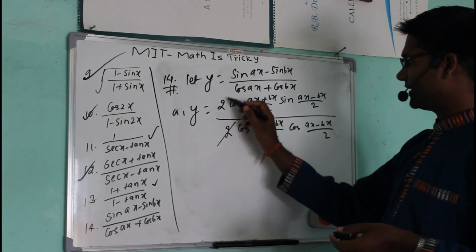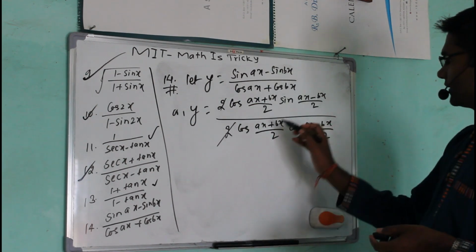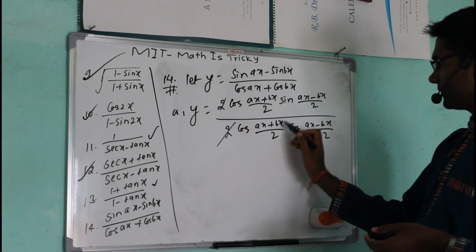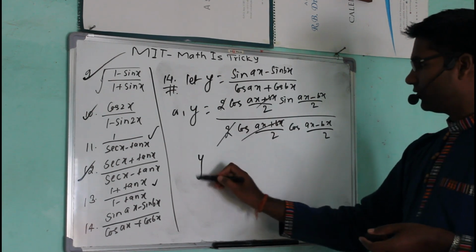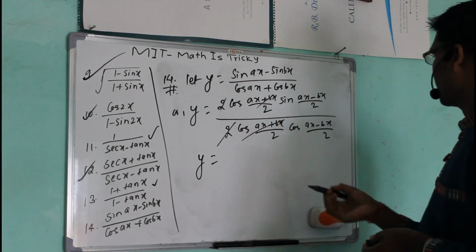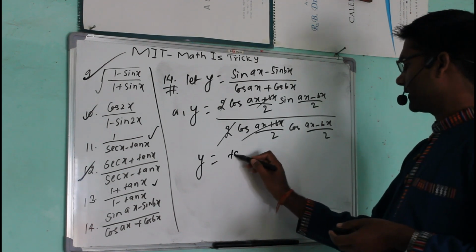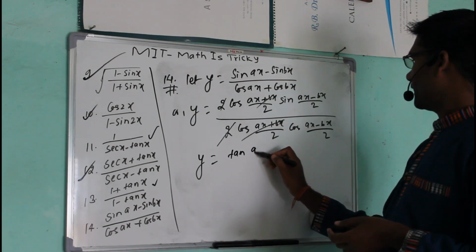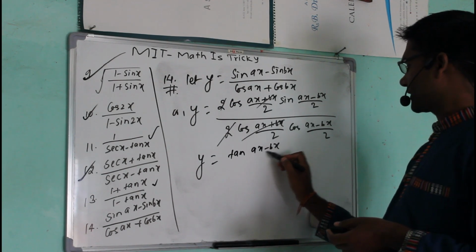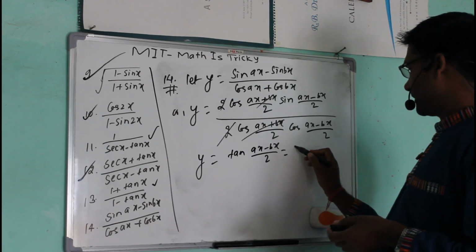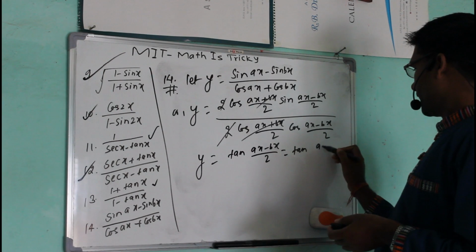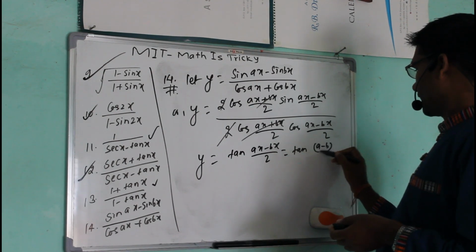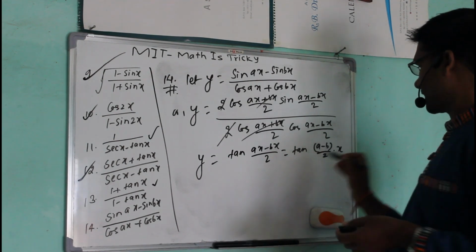So 2 and 2 cancel, and cos of (ax plus bx) by 2 is also cancelled. So we now have y equals sine by cos, which is tan of (ax minus bx) by 2, that can be written as tan of (a minus b) by 2 times x.